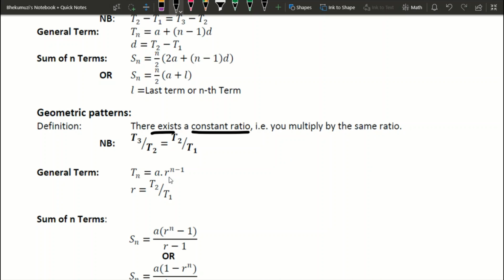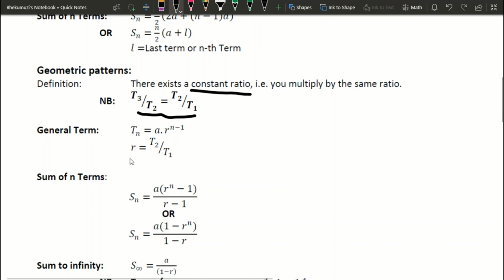And what do they mean by this constant ratio? They are talking about consecutive terms. The second term divided by the first term will be equal to the third term divided by the second term. And this is what we see over here. So that's what they mean by a constant ratio.